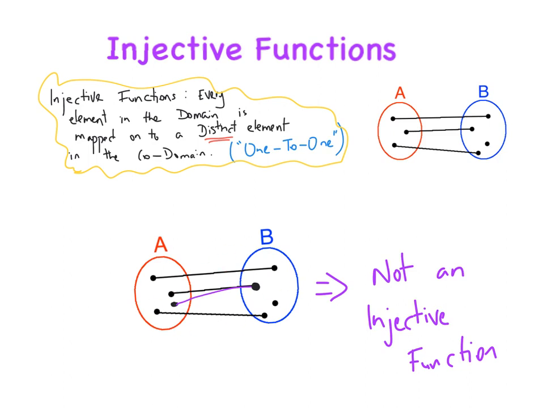We know it's still a function because every input has an output. It's only going to one output. However, it's not injective because it's no longer one-to-one. They don't have a distinct element that they go to, because we have these two elements going to the same output.